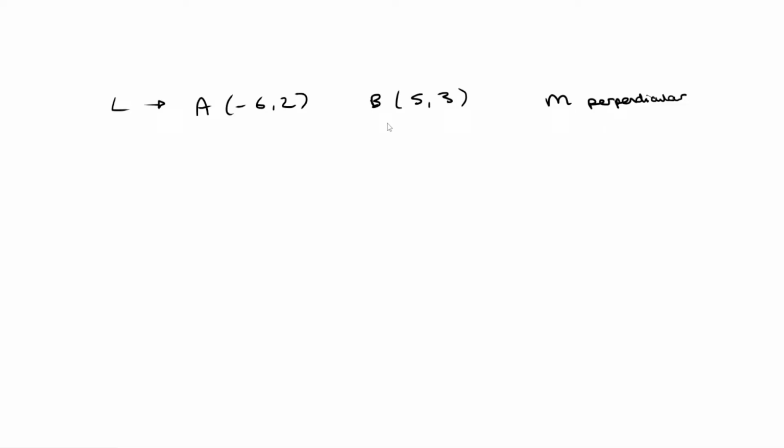Perpendicular to L and passes through the midpoint of A and D? Do you mean A and B? Or is D a separate coordinate? The line N intersects the line x equals -1 at C. I think you mean D specifically, don't you? Do you mean D or do you mean B? Sorry, I think there's only meant to be B.